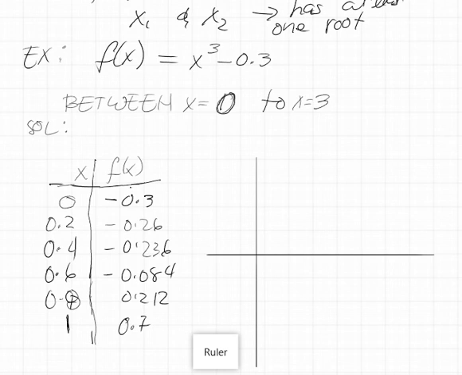So for 0 and negative 0.3, when x equals 0, our y is negative 0.3.